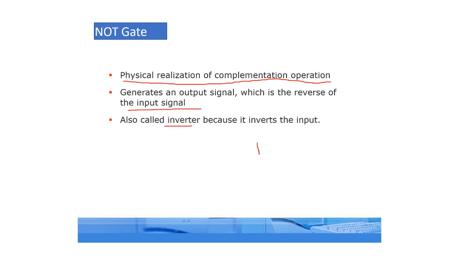For example, if we have an input A equal to 0, then it inverts the input and the output A bar is equal to 1. So if the input is 0 then the output is 1, if the input is 1 then the output is 0, so it is also called an inverter.